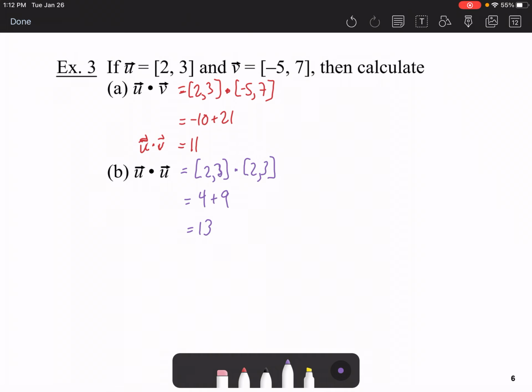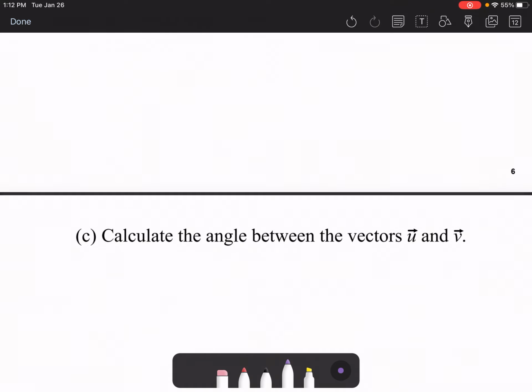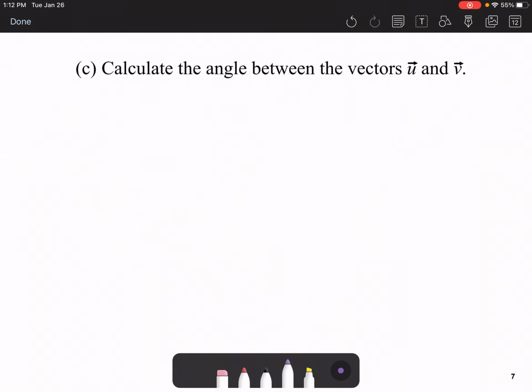Okay, let's try one more calculation here. Let's calculate the angle between the two vectors. This is an application of what we see. Okay, so we know u dot v is equal to the magnitude of u times the magnitude of v times cosine of theta.